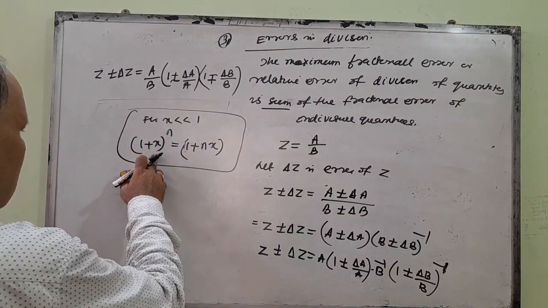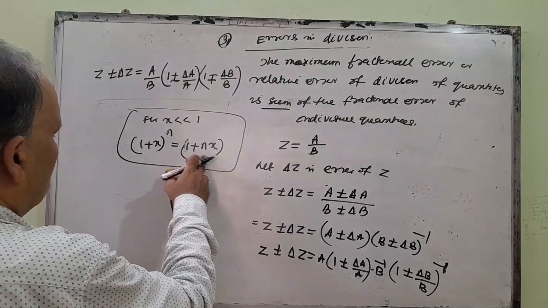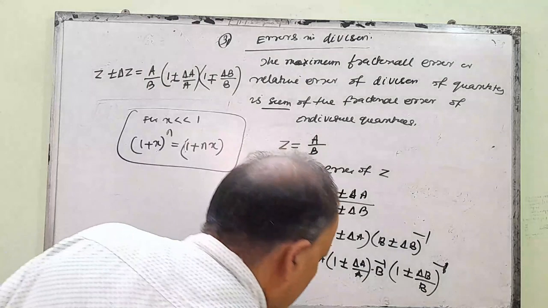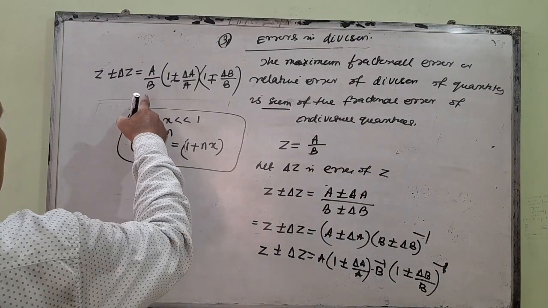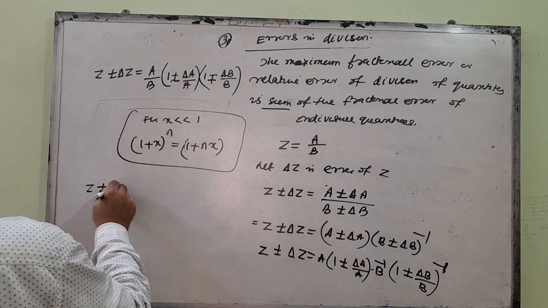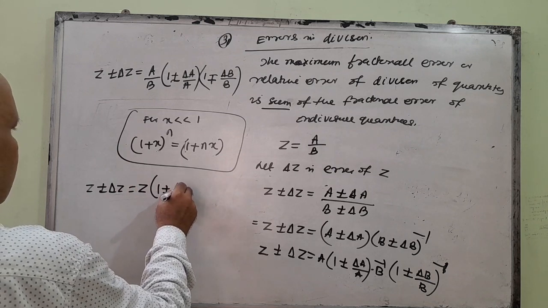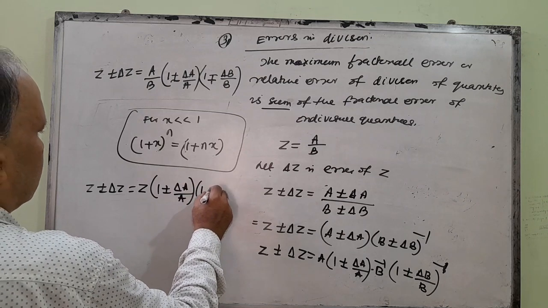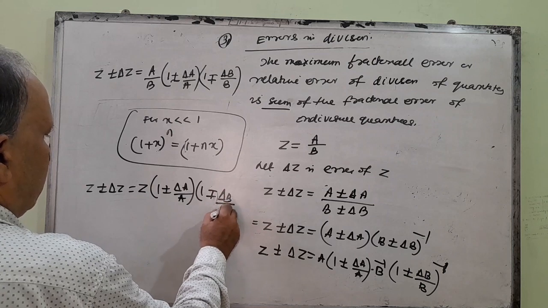You remember this formula, 1 plus x to the power n is equal to 1 plus nx when x is very very less than 1. Put A by B is equal to Z, Z plus minus delta Z is equal to Z into 1 plus minus delta A by A into 1 minus plus delta B by B.